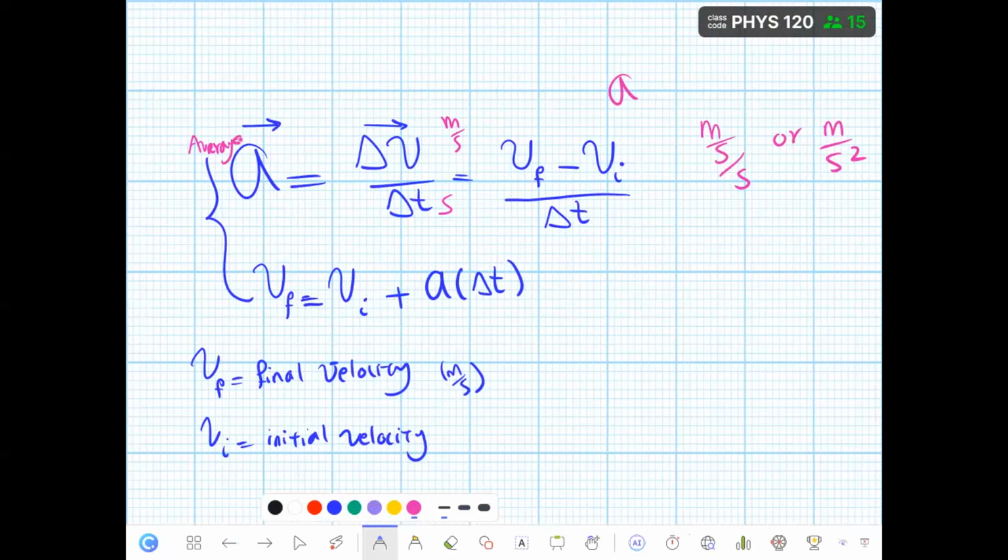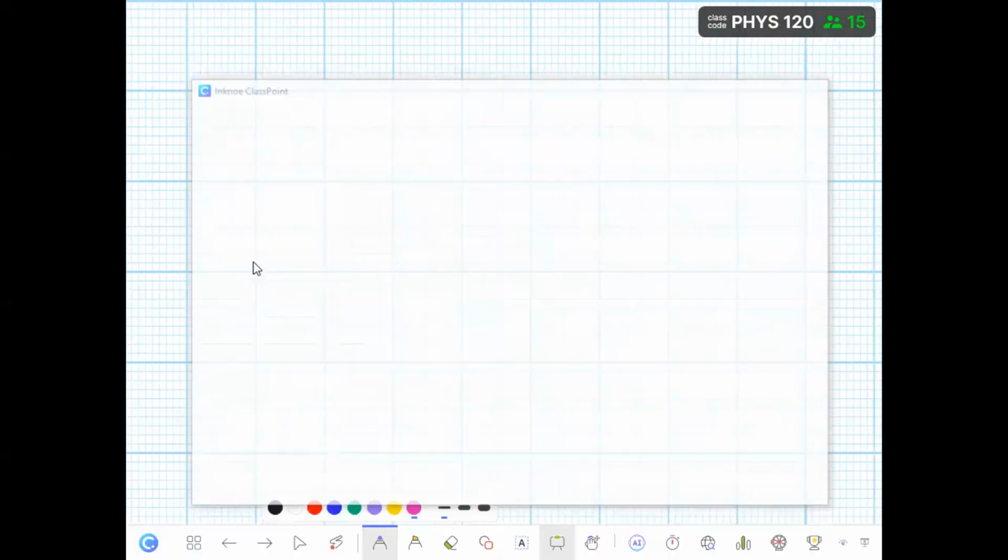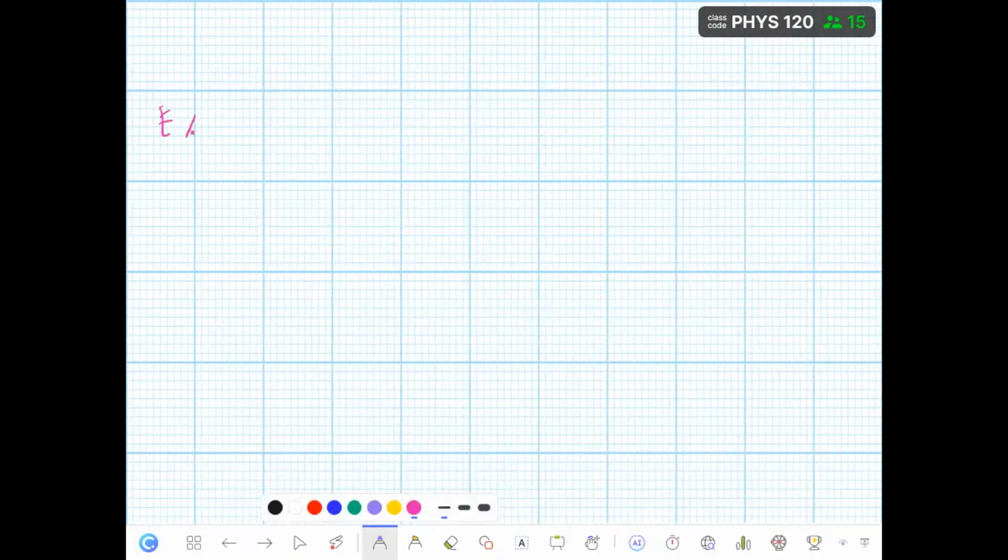Example. We have a person who is standing at the origin.